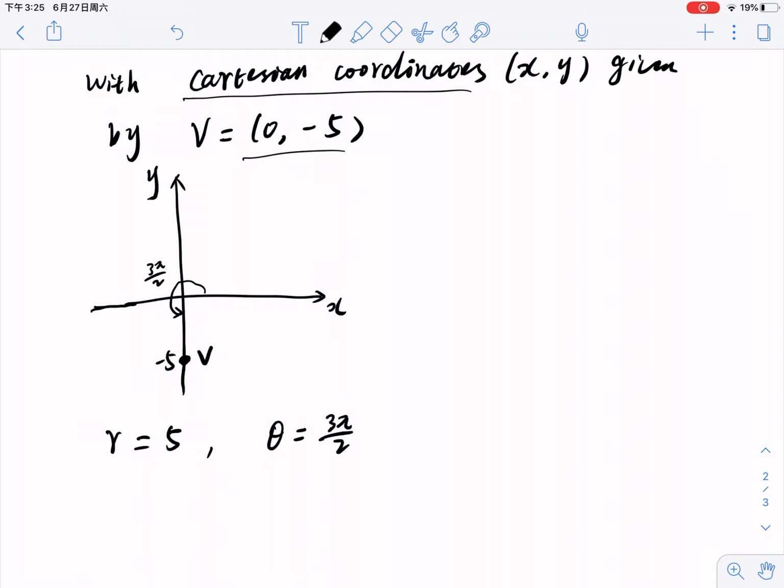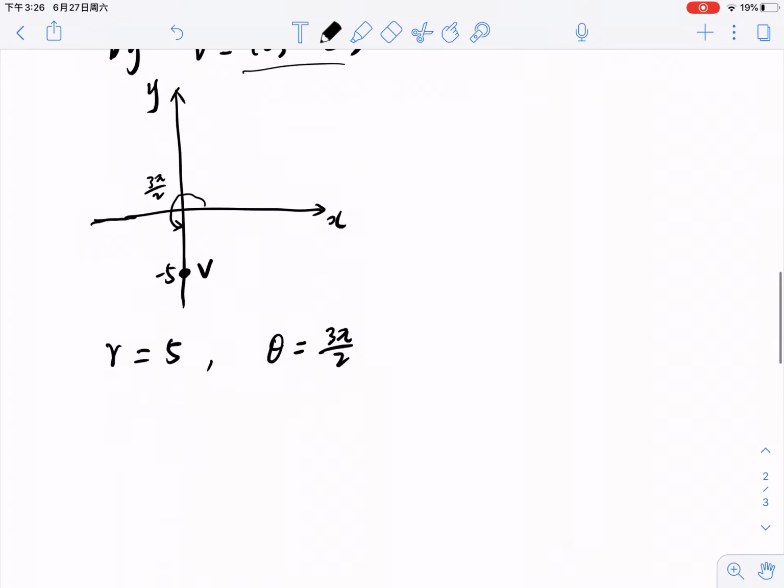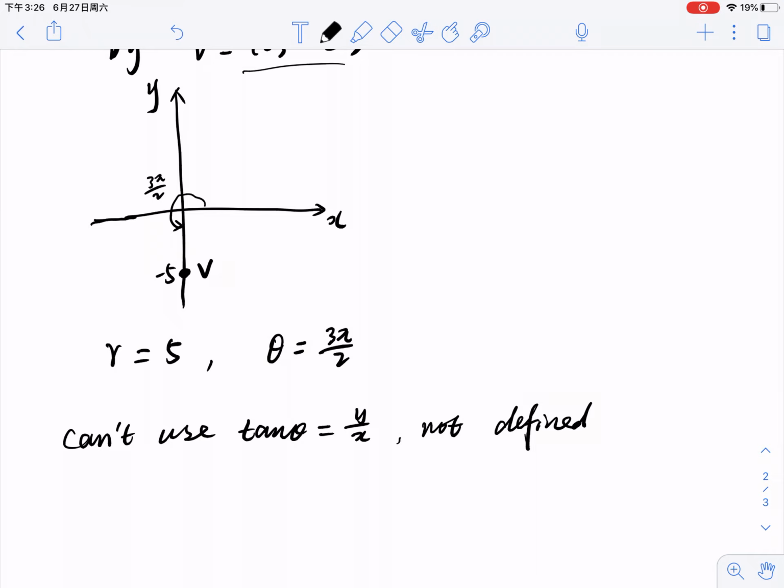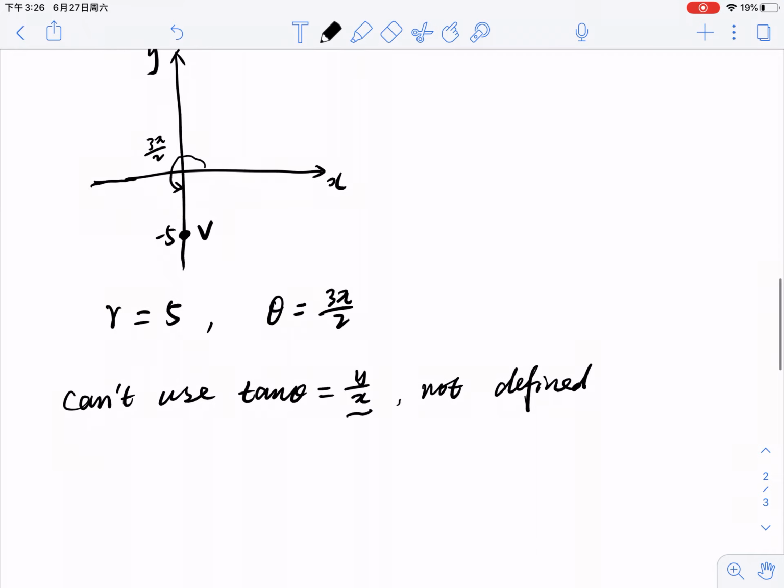In this case, we can't use tangent theta as y over x to find theta, because tangent theta is not defined, because x is 0.